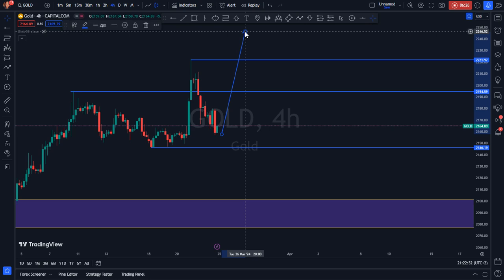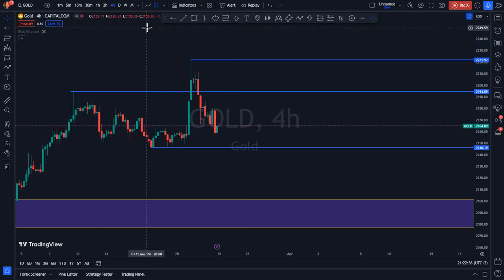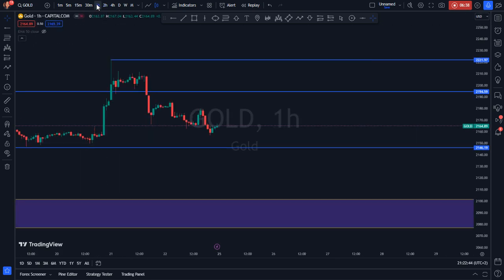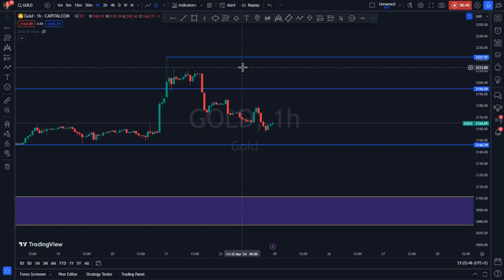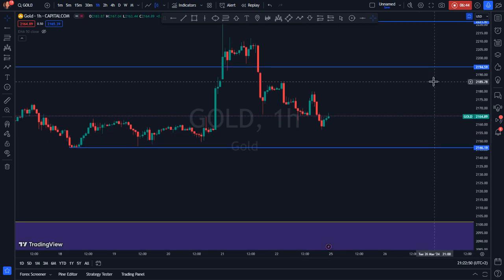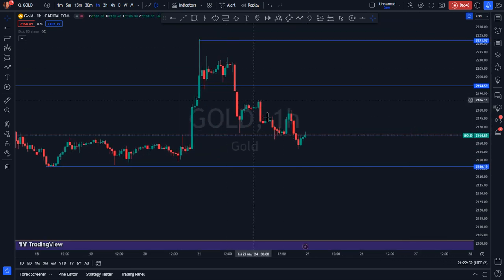We have to also look at the structure at which the correction phase is going towards the downside. So let's just go to a 1 hour time frame. Going to a 1 hour time frame, we still need to study the structure towards the downside.